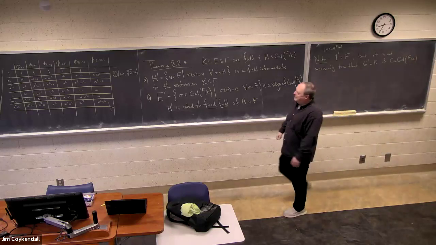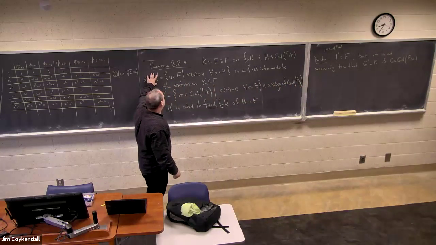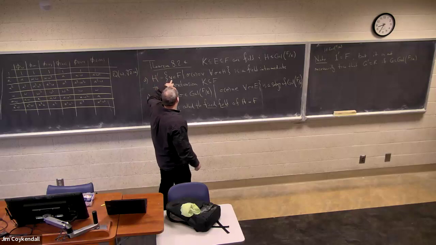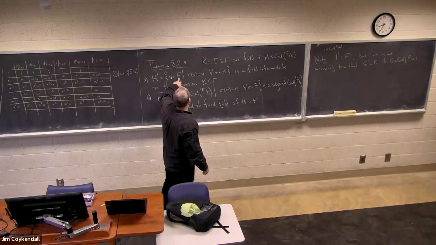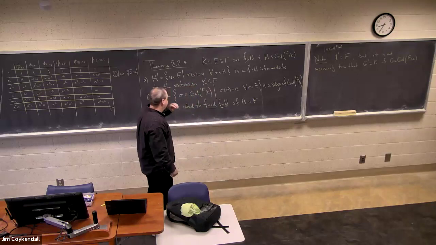Because if you have the full Galois group, what do you have here? The Galois group is every automorphism that fixes K. So what do we have here? We have everything in F that is fixed by everything in the Galois group.